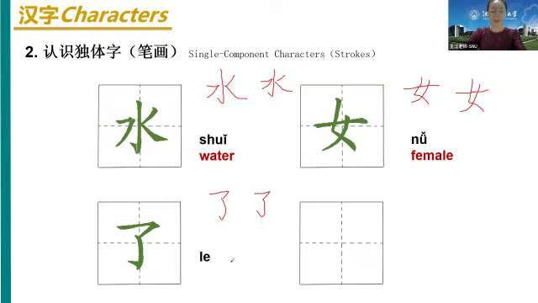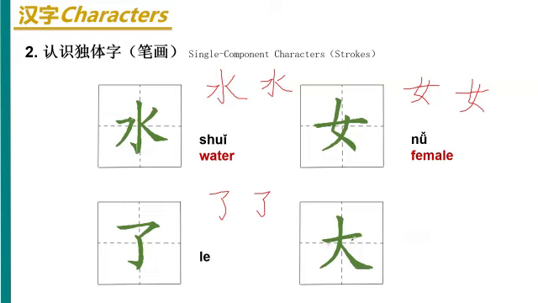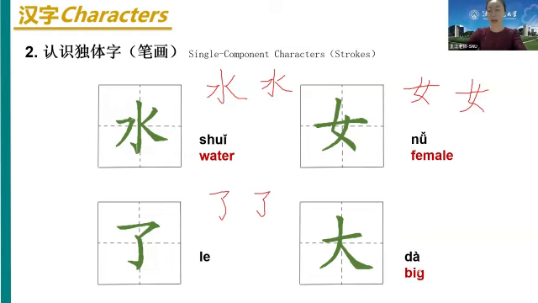Le. Okay, let's go on to learn the last Chinese character. 1, 2, 3. So, okay, 1, horizontal, left falling, right falling. How many strokes are there in this Chinese character? 3 strokes. Da, it means big.